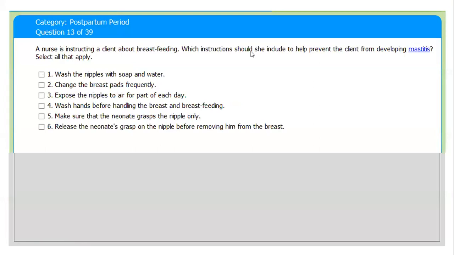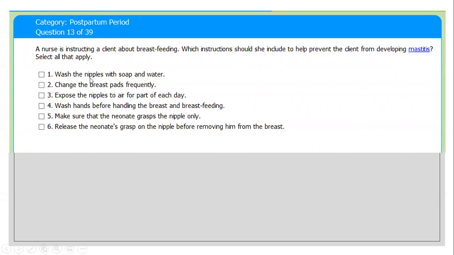Next question here. A nurse is instructing a client about breastfeeding. Which instruction should she include to help prevent the client from developing mastitis? Mastitis means inflammation of the breast. It is common when a mother breastfeeds the baby, right? So now go next.